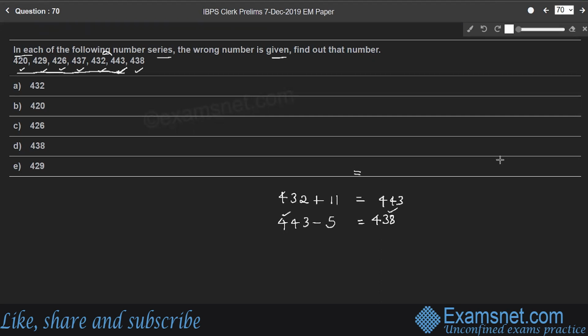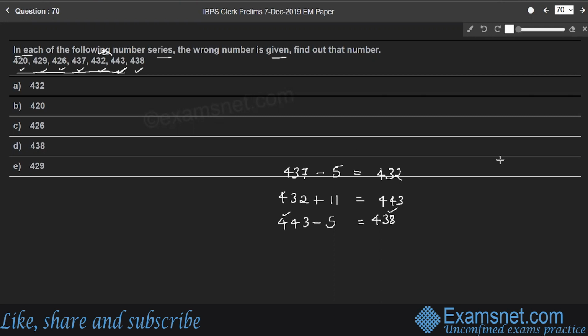Again, 432 is the previous number. 432 is obtained from its previous number, which is 437, which is greater than 432. So a number has to be subtracted from 437. Here again, the number 5 is subtracted.